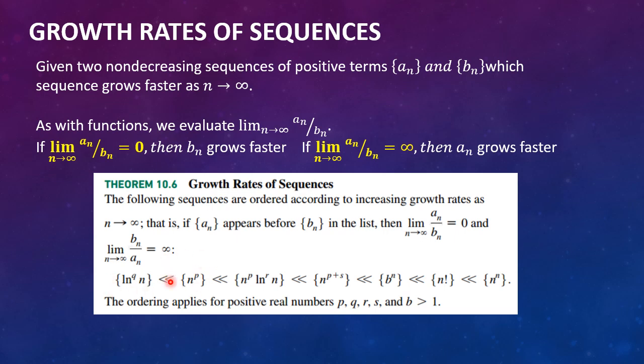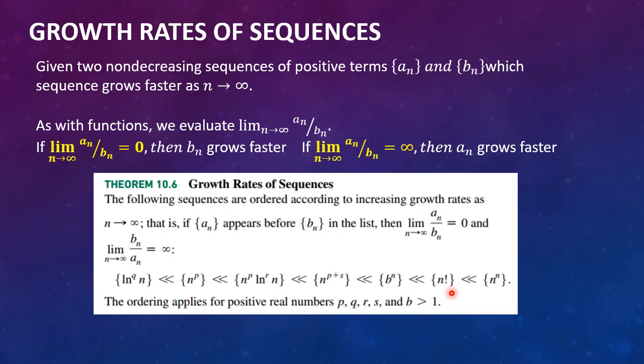So the natural log raised to the power of q of n is growing slower than n to the power of p, which is growing slower than n to the power of p times the natural log to the power of r of n, which is growing slower than n to the power of p plus s, which is growing slower than b to the n, where b is greater than 1, which is growing slower than n factorial.